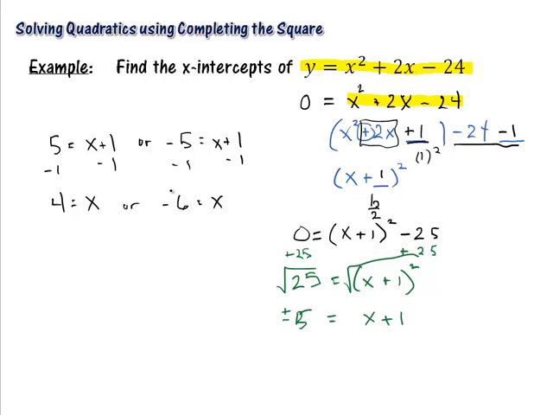Now, since I asked you to write it as an x-intercept, I'm going to ask you to write them as ordered pairs. So it would be (4, 0) or (negative 6, 0).